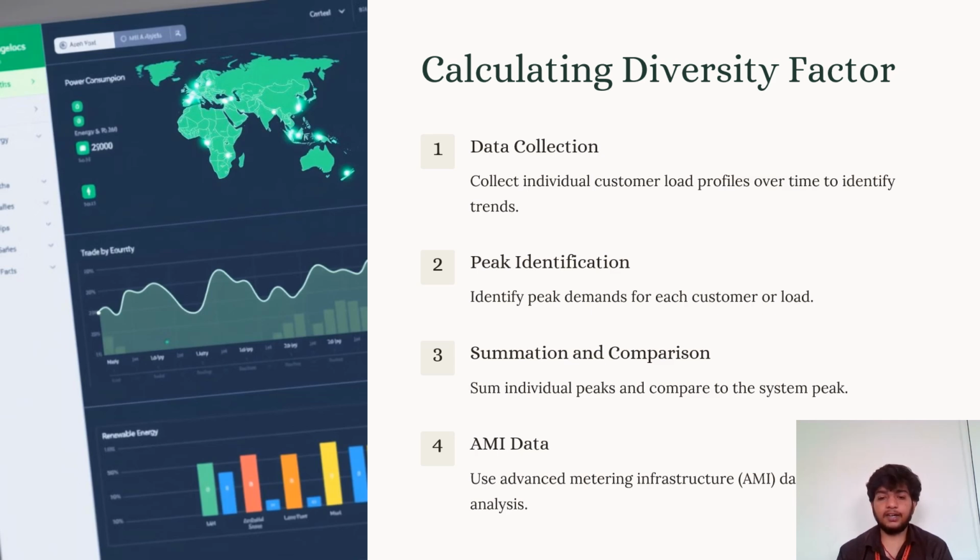And AMI data: use advanced metering infrastructure for data analysis. We can use AMI meters to collect the data for calculating the diversity factor. So this is the way to calculate the diversity factor.